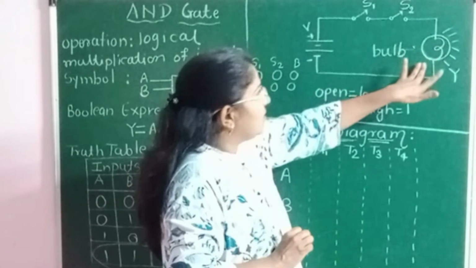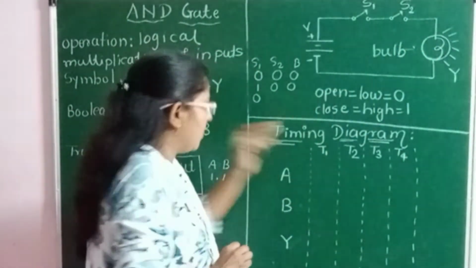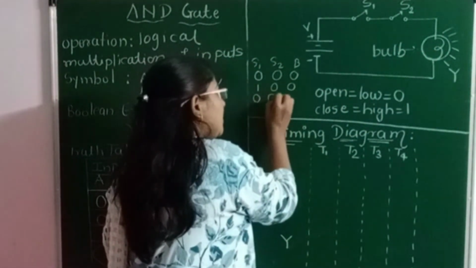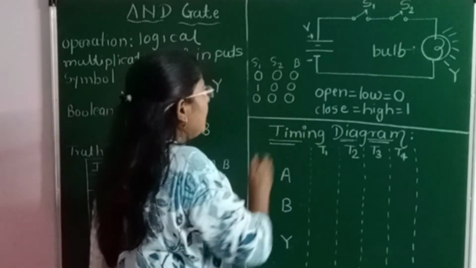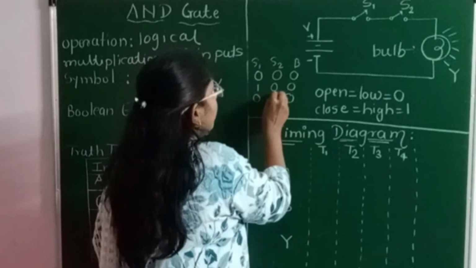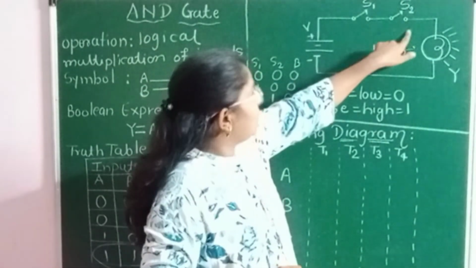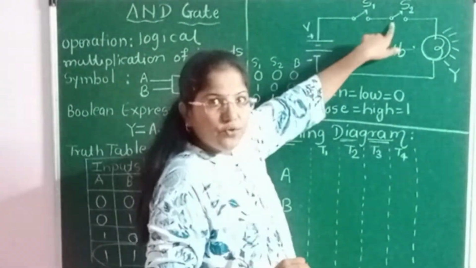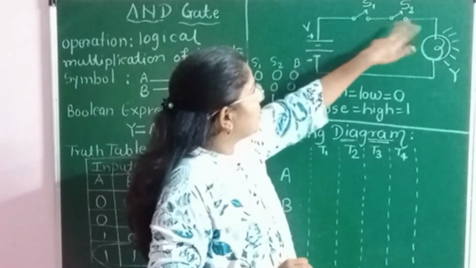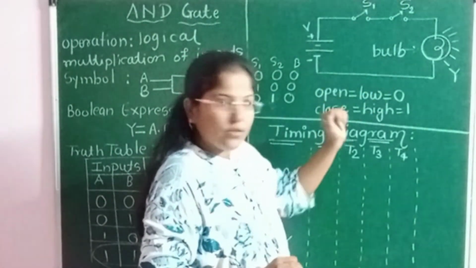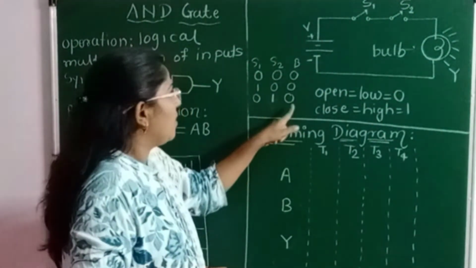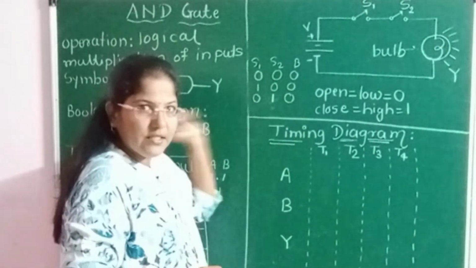So obviously this bulb is not going to glow. So S1 is 0, the bulb will not glow. Even though S2 is closed, current will not pass through it, and that's why this bulb is not glowing. So the result is 0.